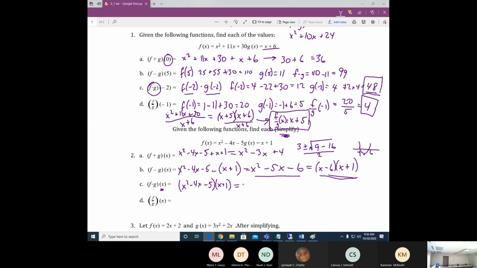Everything multiplied by x, I get x cubed minus 4x squared minus 5x, plus x squared minus 4x minus 5. Now, I get an extra x squared and an extra minus 4x. So x cubed minus 4x squared plus x squared is minus 3x squared, minus 5x minus 4x is minus 9x, minus 5.